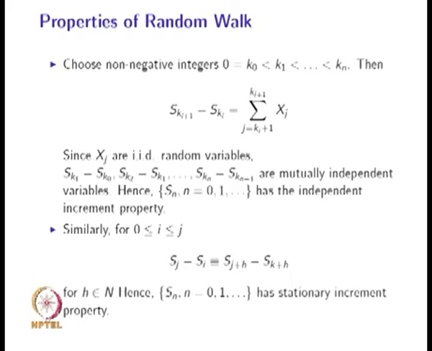That's what it shows. For 1 less than or equal to i less than j less than or equal to k less than l, the distributions are going to be the same as long as the length is the same. So the increments are time invariant, not the actual stochastic process. Therefore, this stochastic process has the stationary increment property also. So the random walk has increments that are stationary as well as independent.